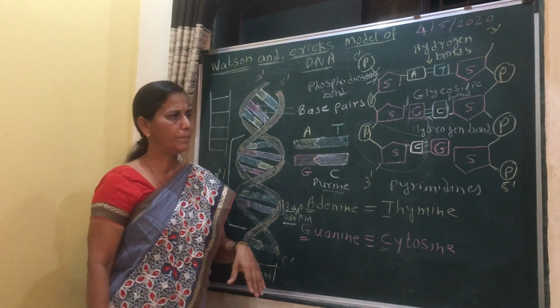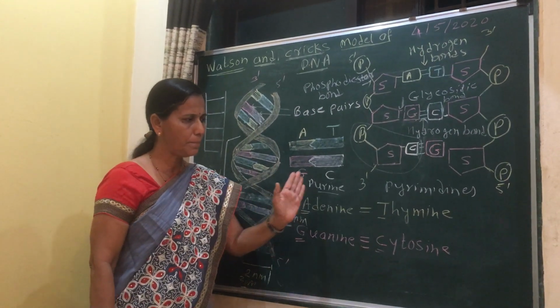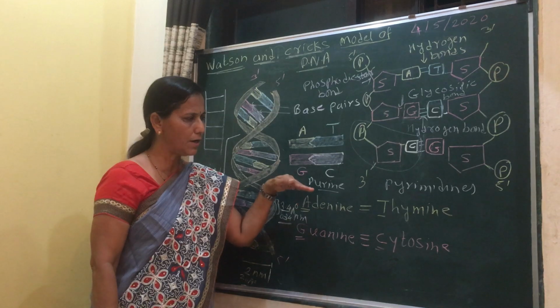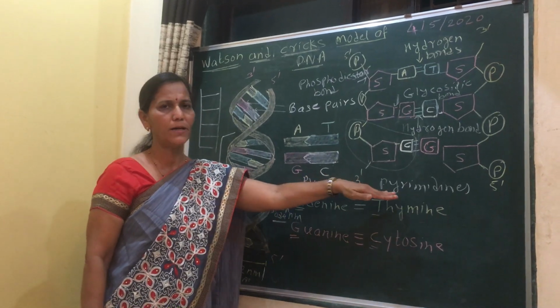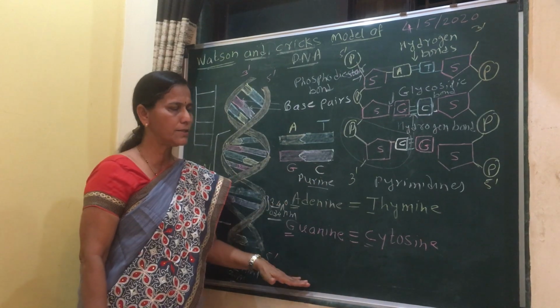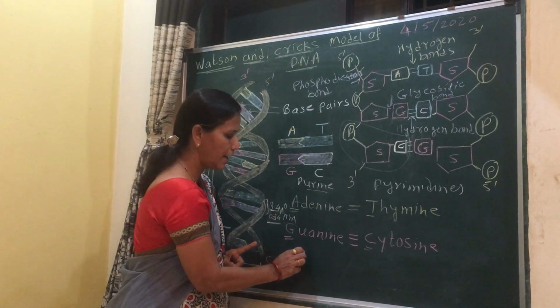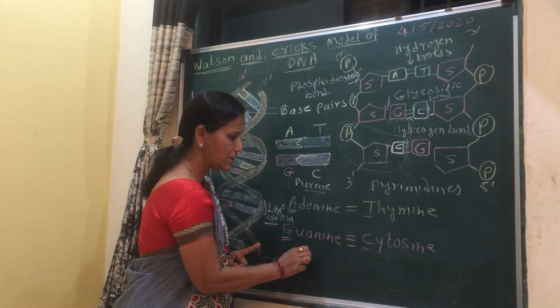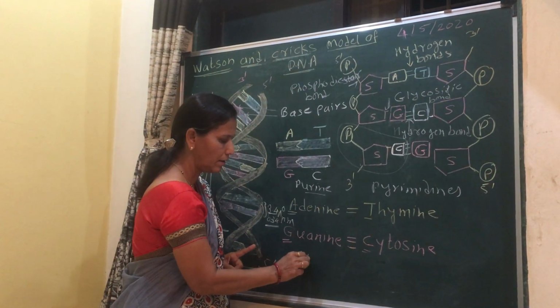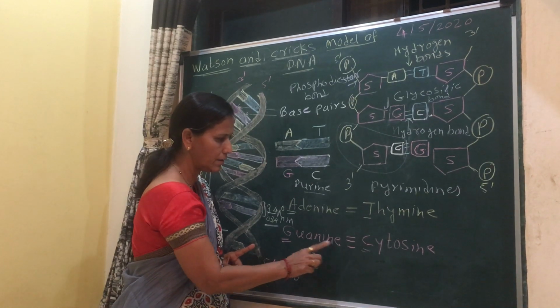Then Chargaff proposed a rule: as one purine always pairs with one pyrimidine, the purine pyrimidine ratio is always 1. It means adenine always pairs with thymine and guanine always pairs with cytosine.